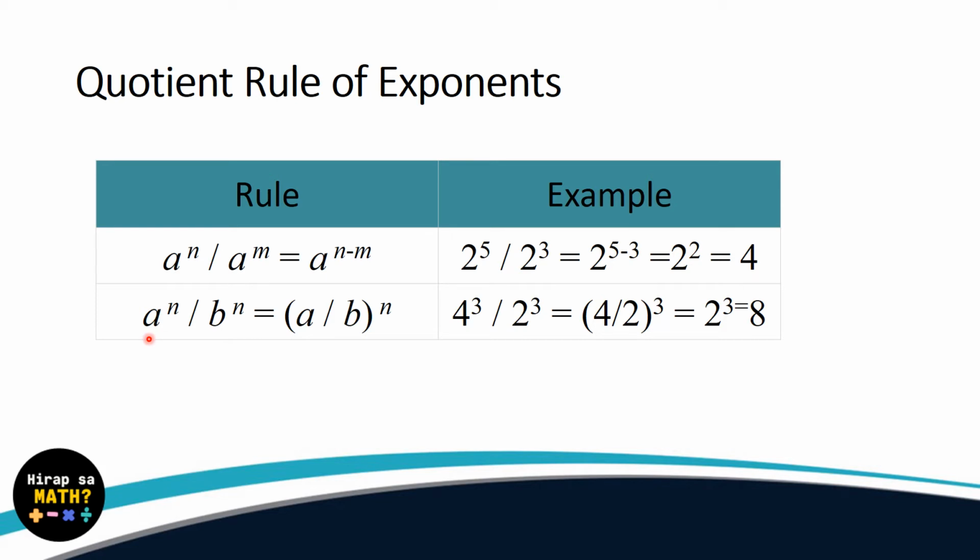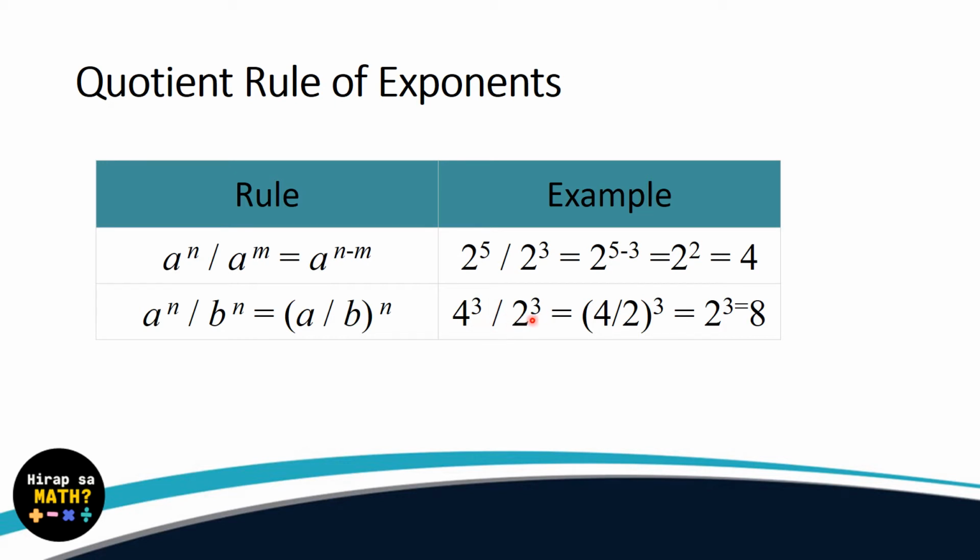Next naman is a to the n divided by b to the n. Magkaiba ang base nila, pero pareho ang exponent. So, ang gagawin lang natin is i-operate ang base muna, which is a divided by b, then tsaka na lang natin erase sa similar exponent. Halimbawa ulit, 4 to the third divided by 2 to the third power.